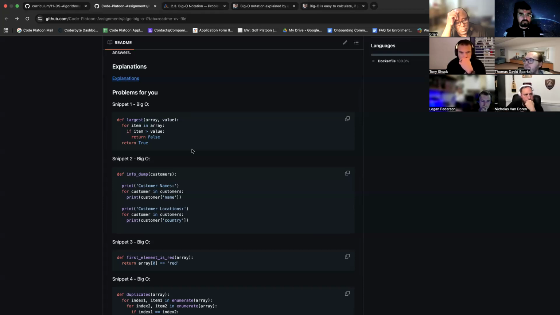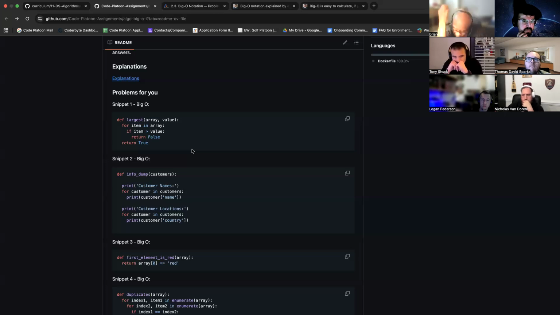So the first one is just an example of what? O(n) squared. The first one? Not quite. It's O(n). It's just O of n because you're looping over each item in the array and checking every single element.